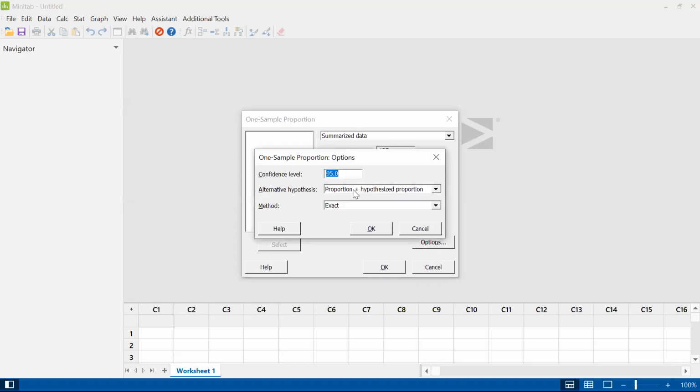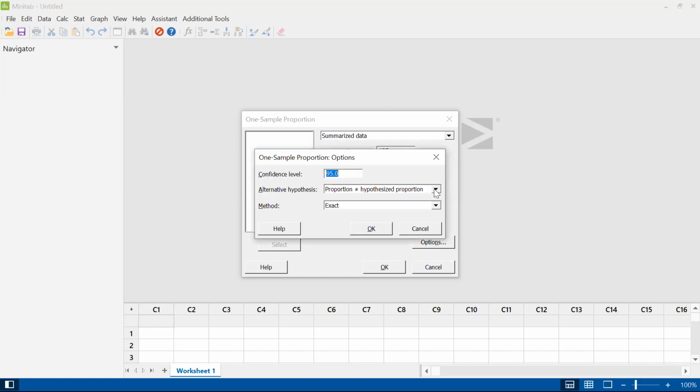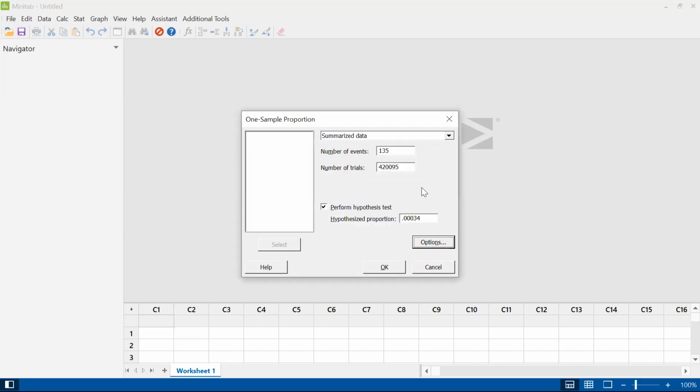Okay, so I'm going to go with an alternative hypothesis of not equals here. And the way that question reads over on the Word document, it does make it sound like maybe you're looking for a higher number, and so your hypothesized proportion could have a greater than, just the way that it's worded. But I'm just going to always use not equals.